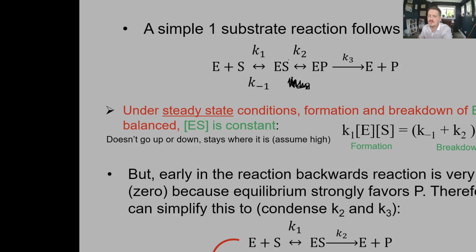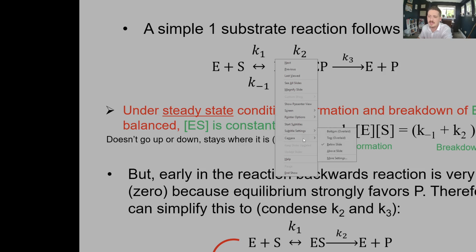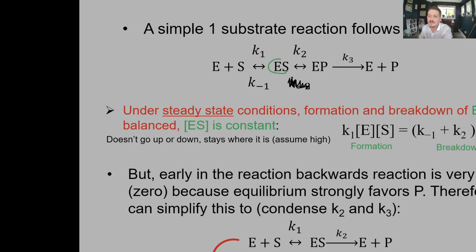And if we want to just purely look at ES, and let's use a green this time, once you reach this point, there's two directions it can go in. It can go backwards, or it can go forwards.